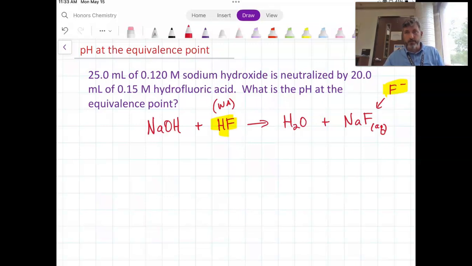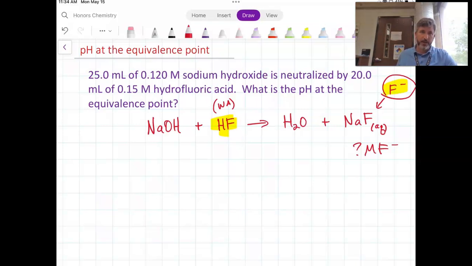Okay? So the question is, what is going to be the concentration of that F minus so that we can icebox it and figure out what the hydroxide concentration will be. So we want to know the molarity of F minus so that we can do the icebox and figure out the concentration of hydroxide, the pOH, and the pH.